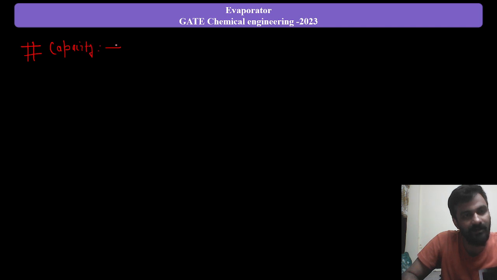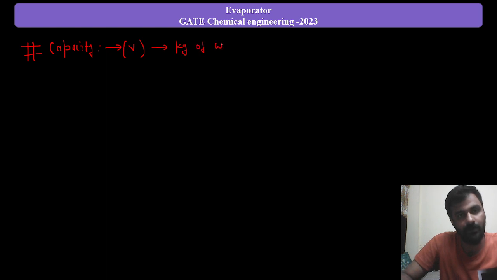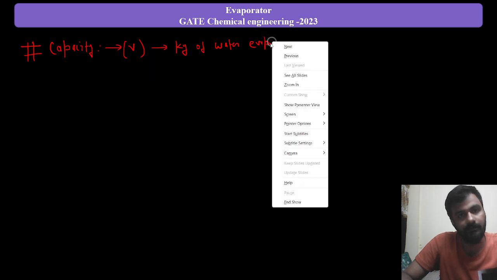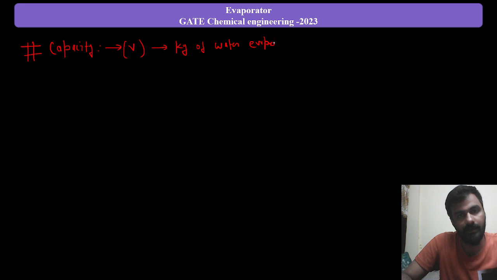It's just a recap of the previous lecture: the capacity of the evaporator is defined as V, which equals kg of water evaporated per hour from the evaporator, right?